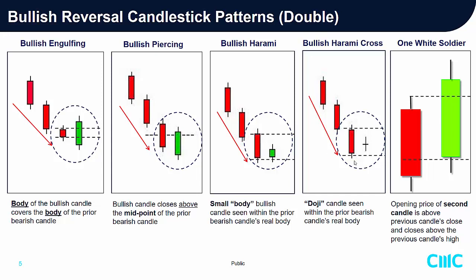All right, then you have a bullish harami cross, similar to the bullish harami, which is a small little body, whereas the bullish harami cross is just a doji candle. So what it means here is that previously we start to see a long red bearish candle, but after that you start to see the appearance of a small little body formed within the body of the red candle.